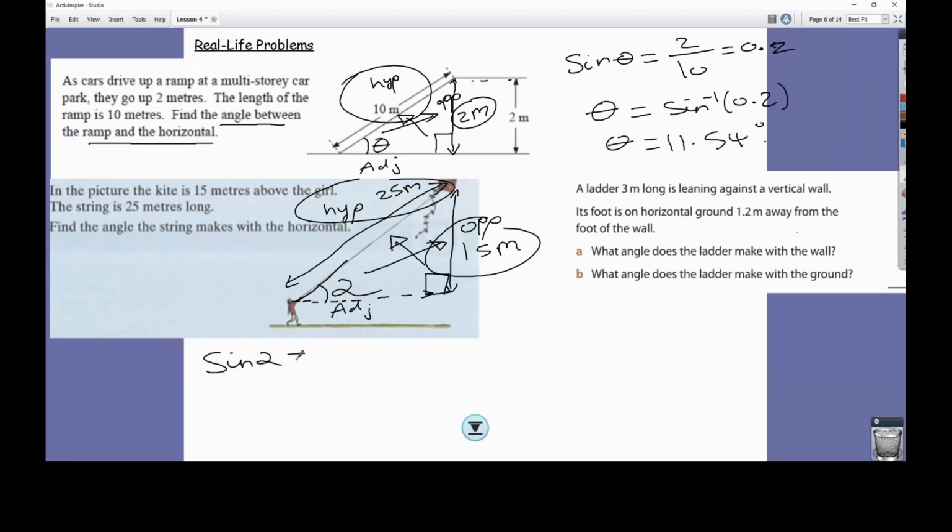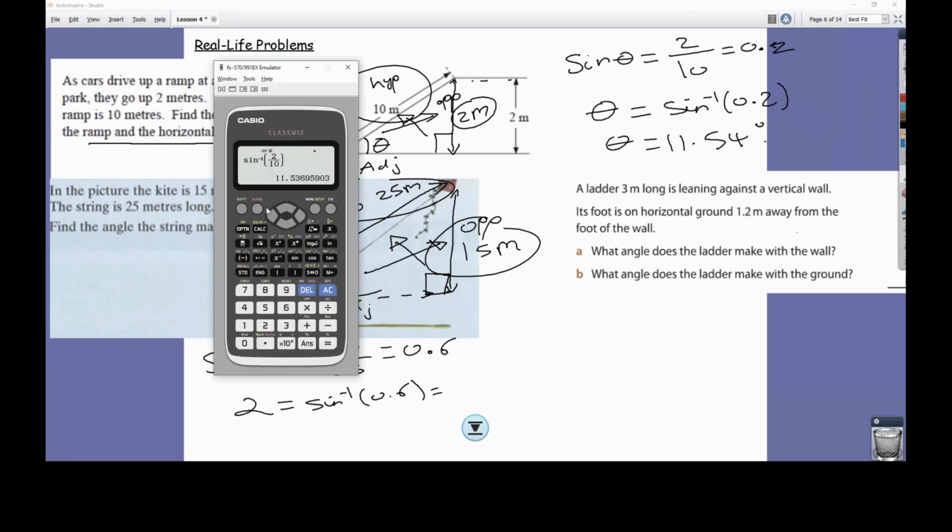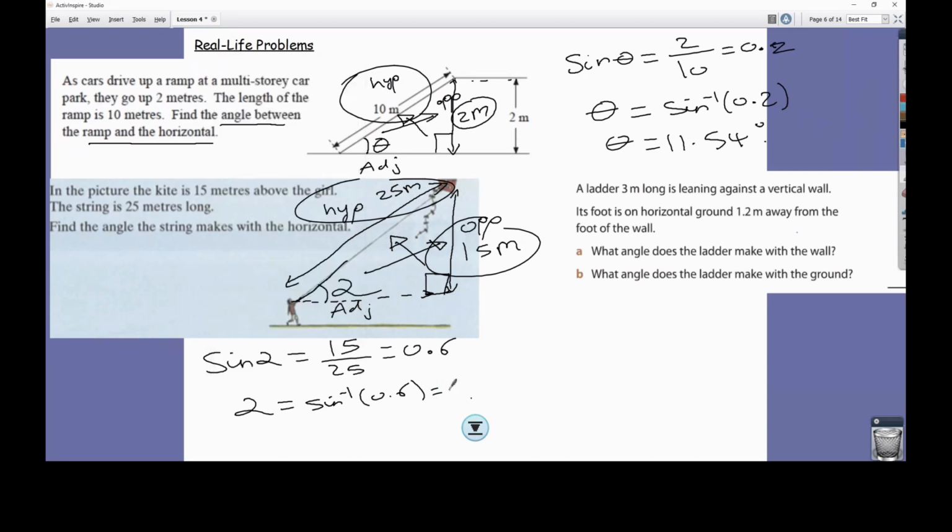So sine of alpha is equal to opposite 15 over hypotenuse 25, which out of interest simplifies to 3/5, which is 0.6. So alpha is going to be inverse sine, taking inverse sine of both sides, sine minus 1 of 0.6, which gives me, if we work that out, shift sine 0.6 gives me 36.87 degrees to 2 decimal places.